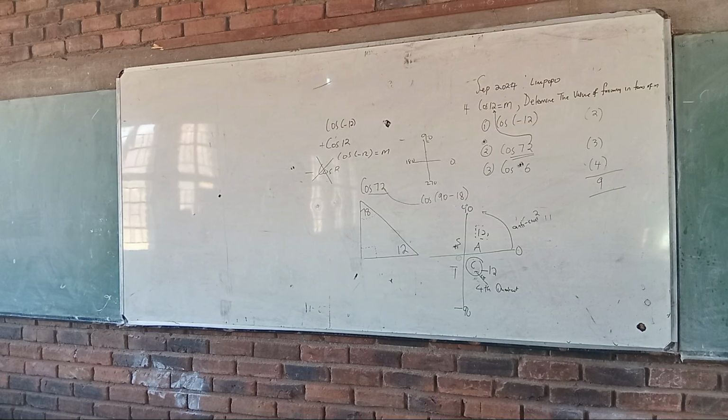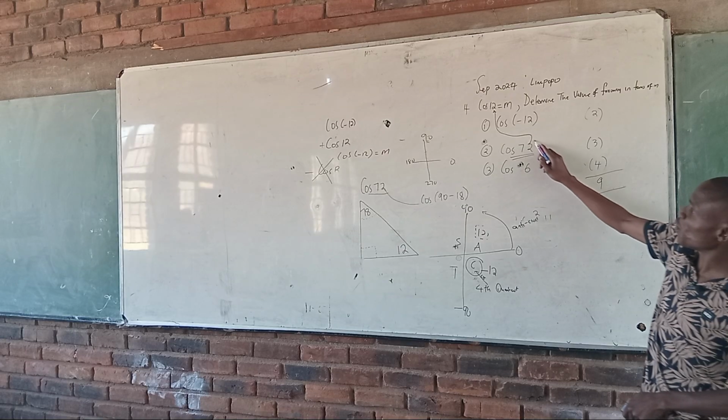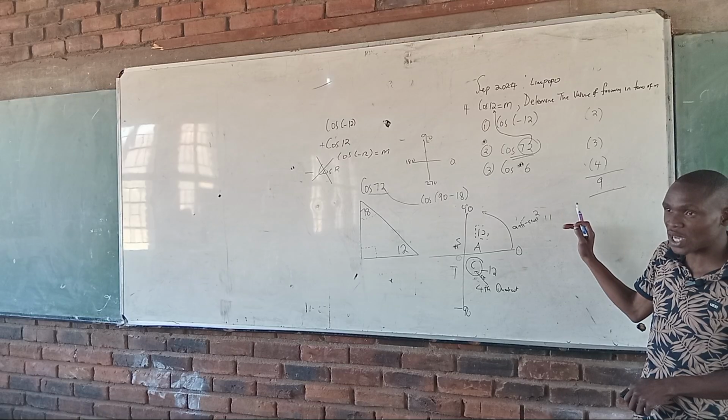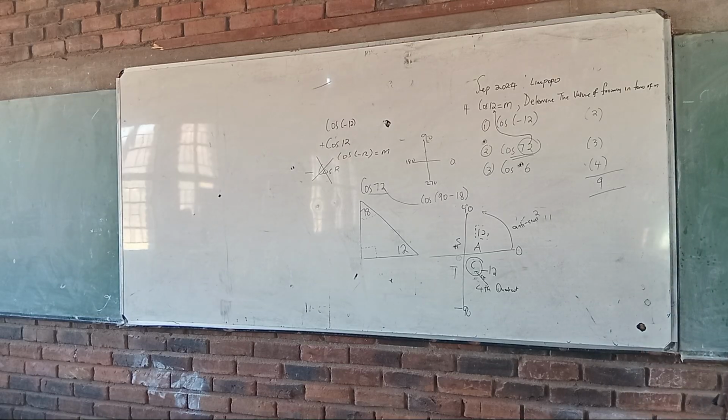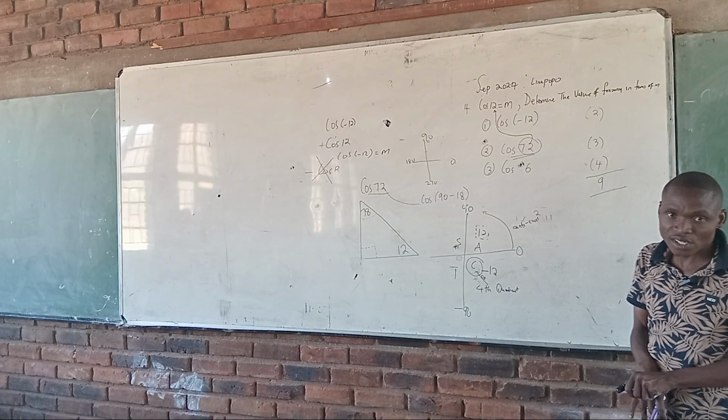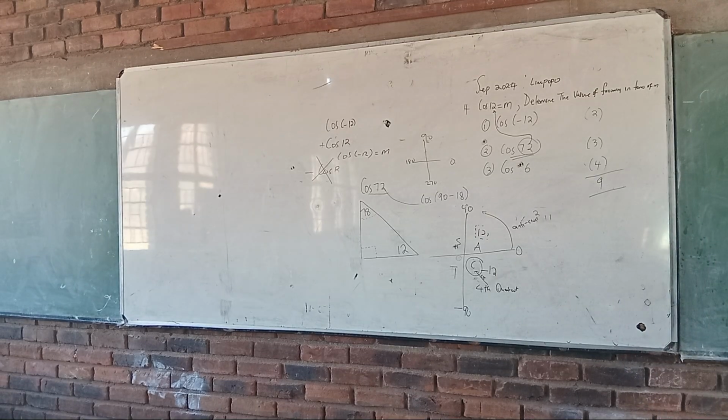90 minus. No, remember we are working with 72. If we say 90, it's going to be 90 minus what? 90 minus 18, how much do you get? You get 72.